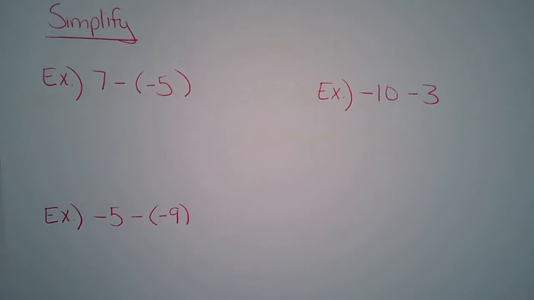All right, so our first example asks us to simplify 7 minus -5. The first thing I'm asking you to do is to rewrite the problem. Again, when you see these subtracting integer problems, our goal is to get it back to addition because typically addition problems are a little bit easier to work with because they don't have so many different signs.